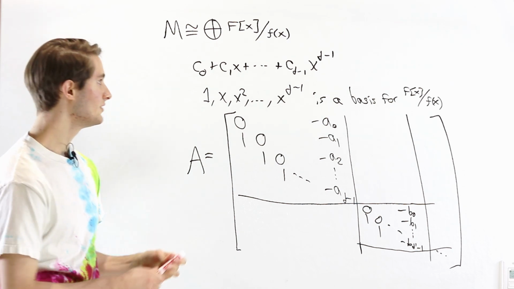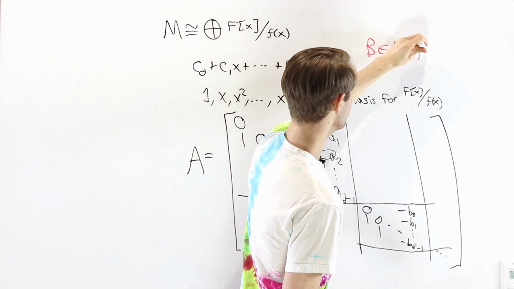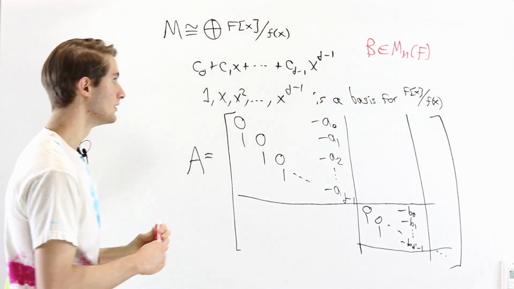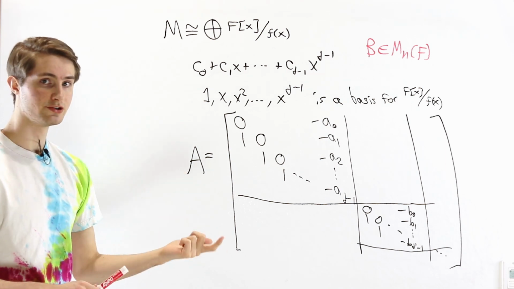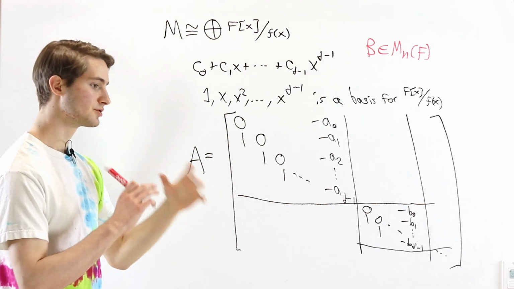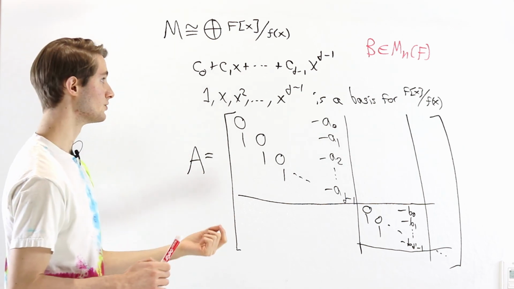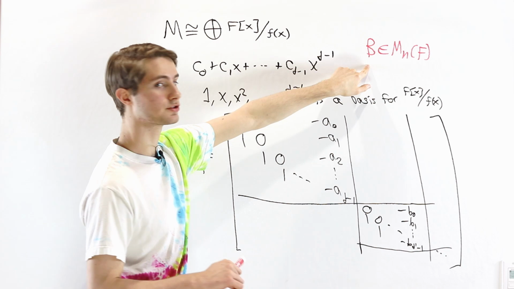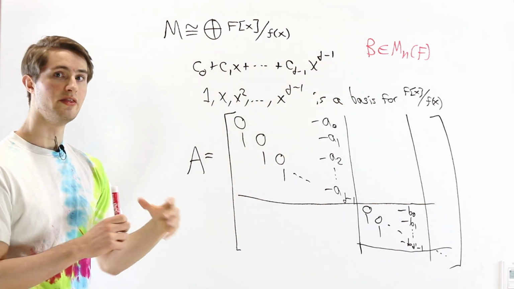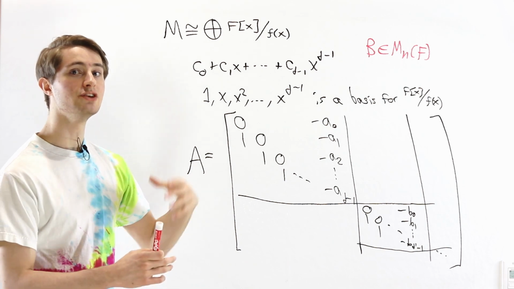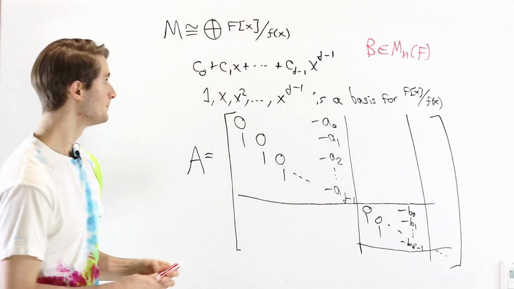So let's suppose we have some arbitrary matrix B, which is an n by n matrix over F. Then B is associated with an n-dimensional vector space, so we can describe an F[x] module, which is finitely generated and torsion, where B describes multiplication by x. And therefore, that module is isomorphic to a direct sum of cyclic modules.